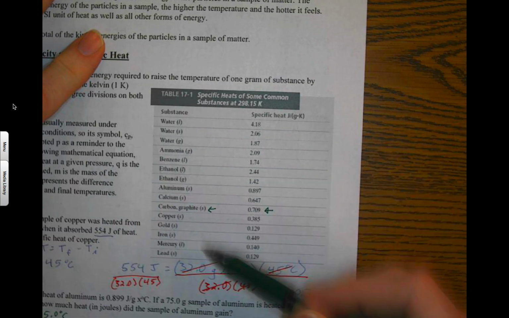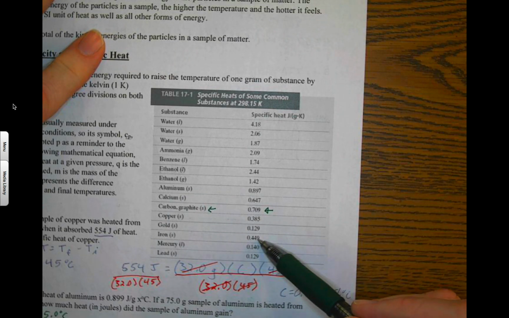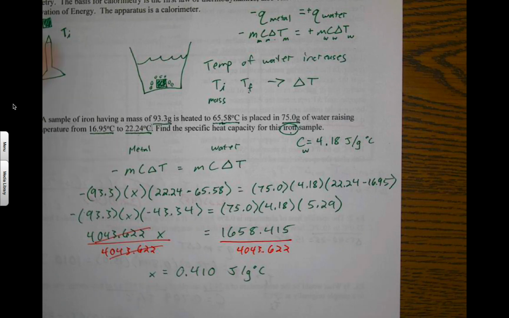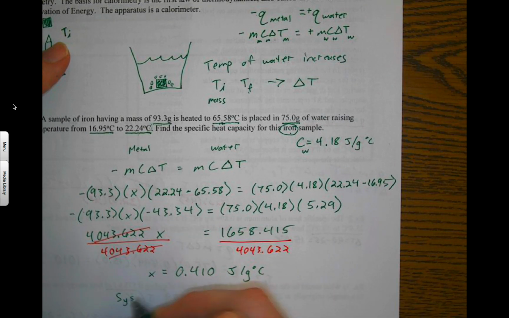So let's check our answer. For iron, iron should be 0.449. Okay. And so this iron sample is 0.410. Why is this one a little lower? Well, it could be systematic error.